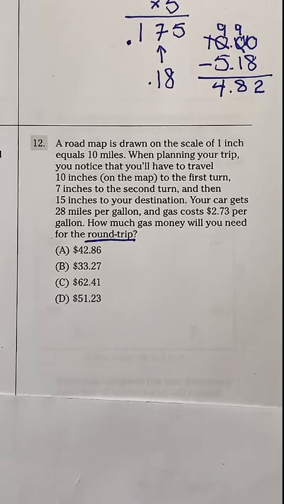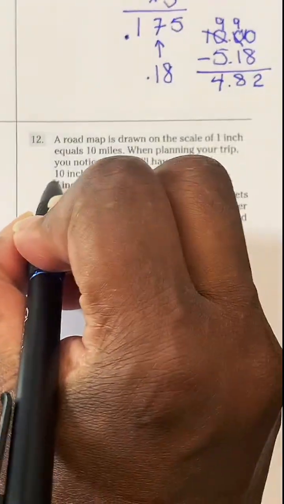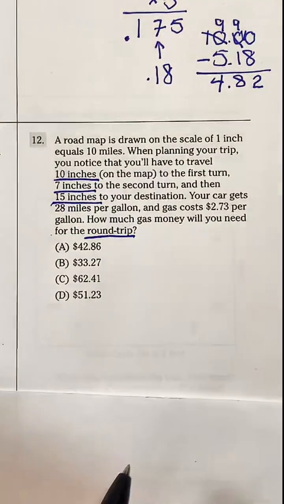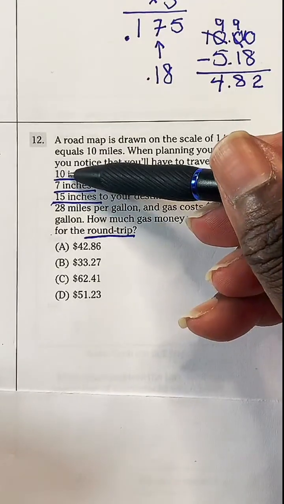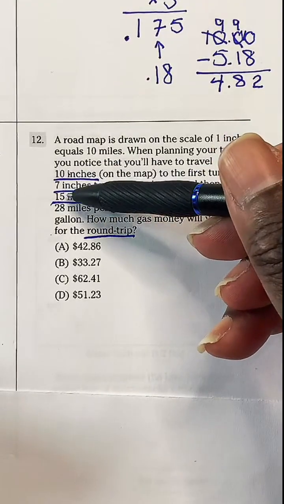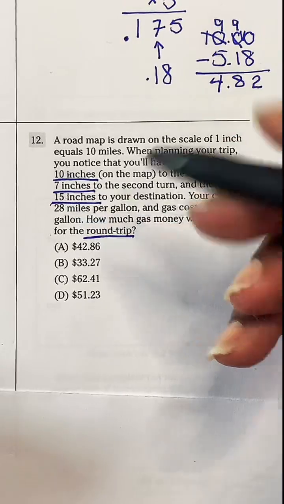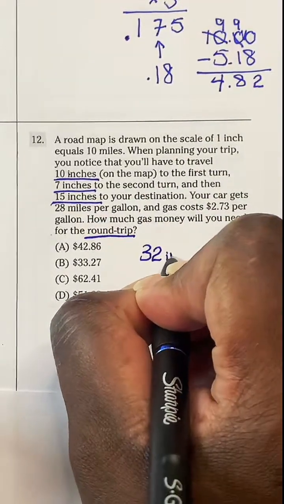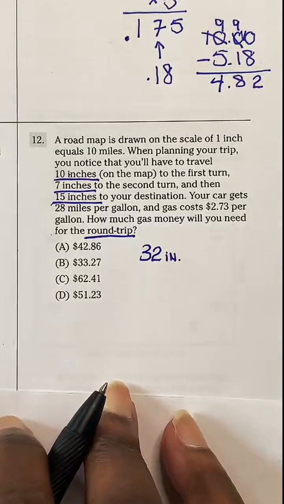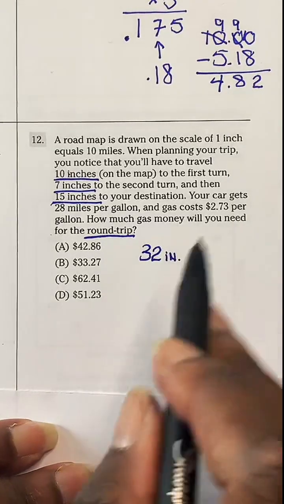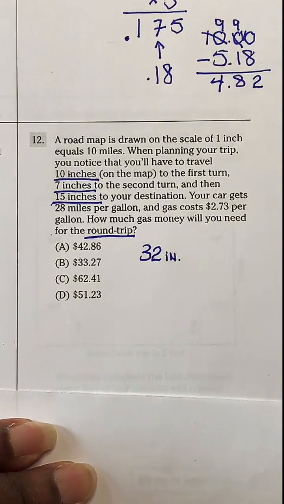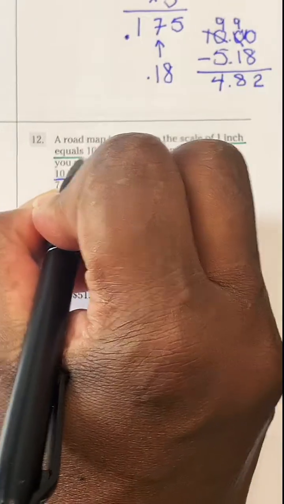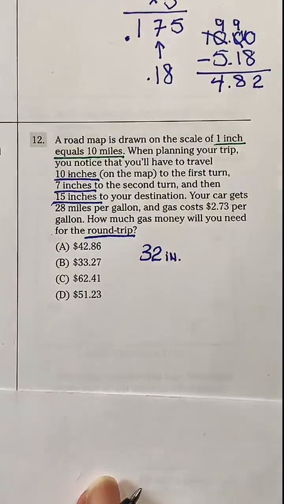All right, so let's take a look. First off, let's take a look at how many inches we're going to deal with here. We have our 10, we have our 7, that gives us 17, plus our 15, so we're looking at 32 inches. With the 32 inches, we can do a comparison: 1 inch is equivalent to 10 miles.